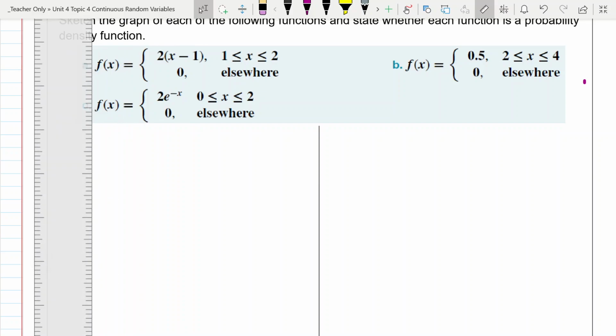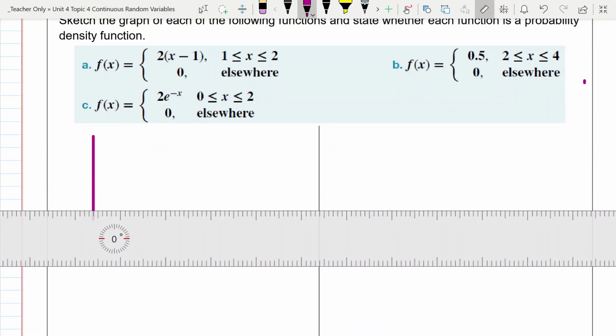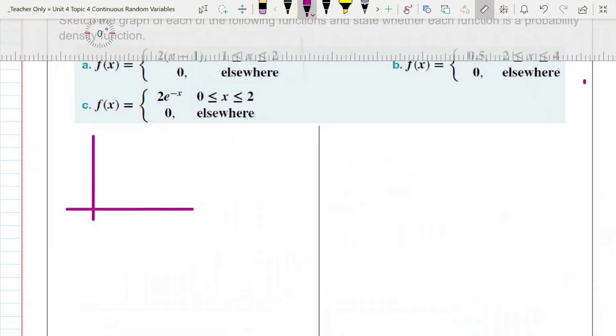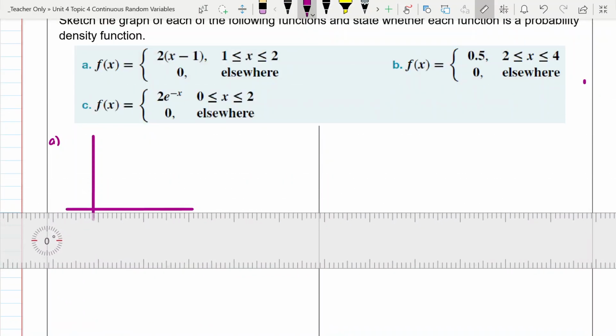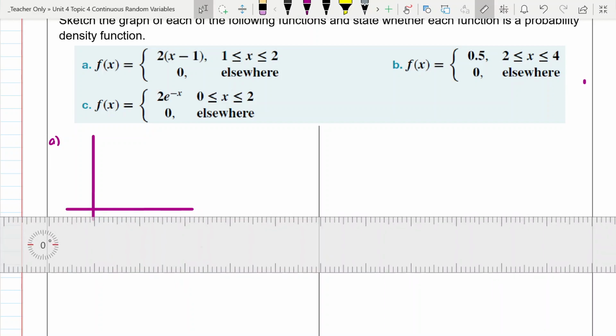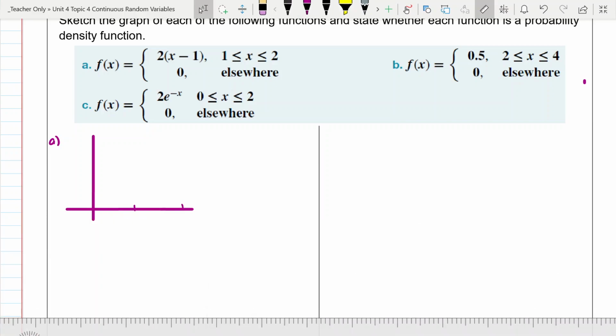We're looking for f of x is 2 times x take 1 between 1 and 2, and we can see that that's a linear graph. We're going between 1 and 2. We get our scale here, 1, 2, so we have 0, 1, 2, that's our x-axis, that's our y-axis, and we know we've got y equals 2 times x take 1.